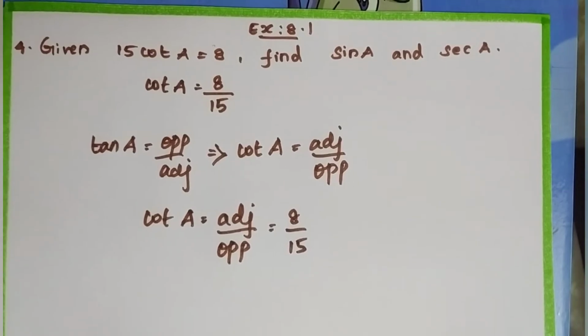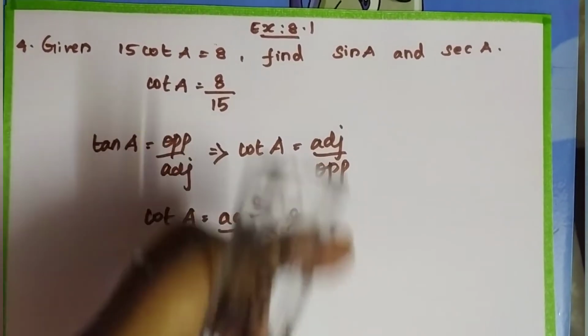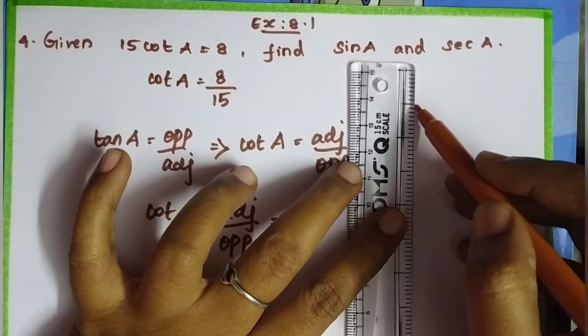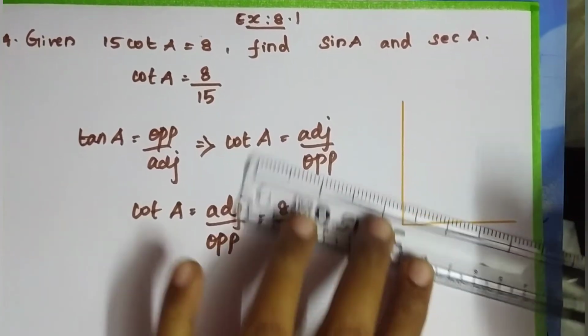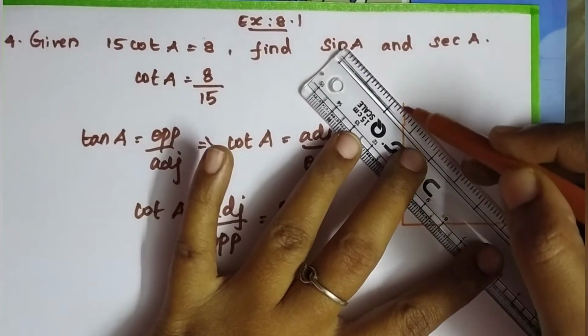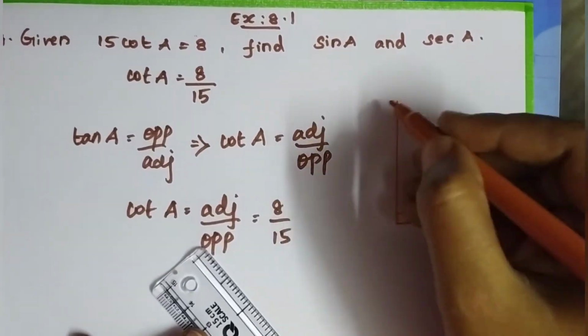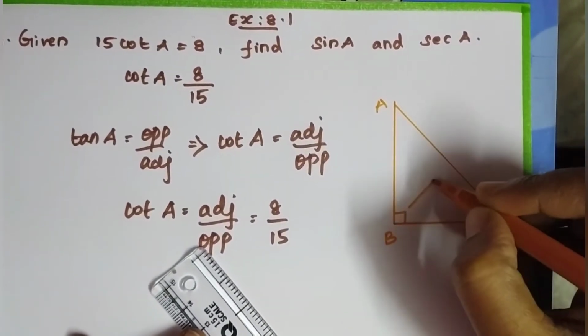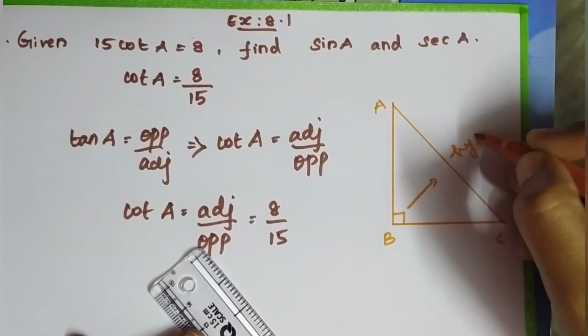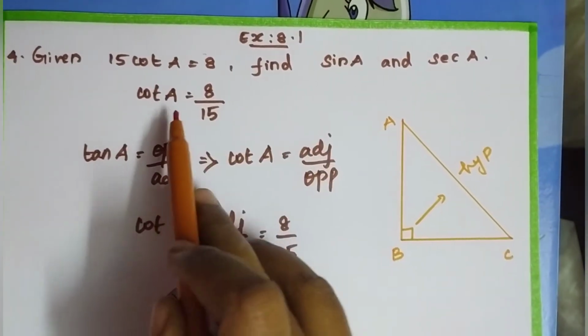First, draw a triangle A, B, C. This is hypotenuse. For which angle have they given?